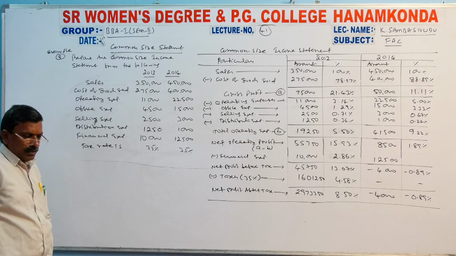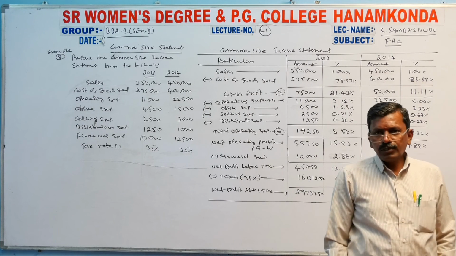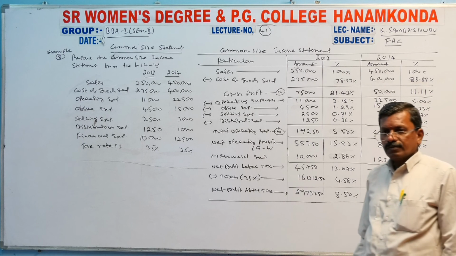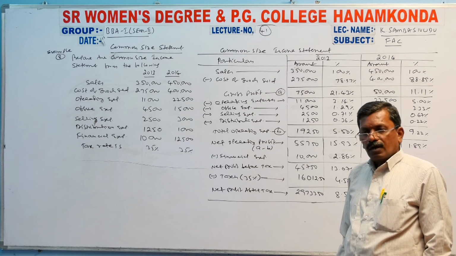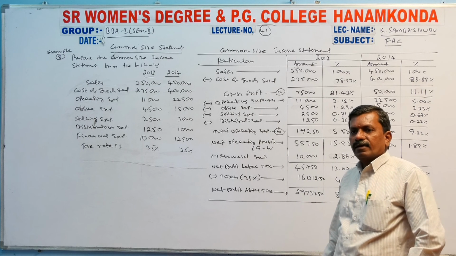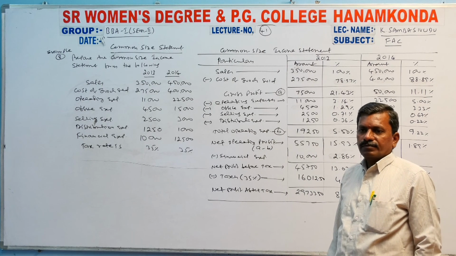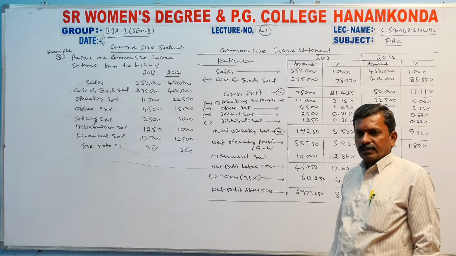So simply you have to understand. The income statement we have already prepared previously. In the common size statement, the common figure is sales. For each and every item you have to calculate the percentage of sales only. Sales is 100%.